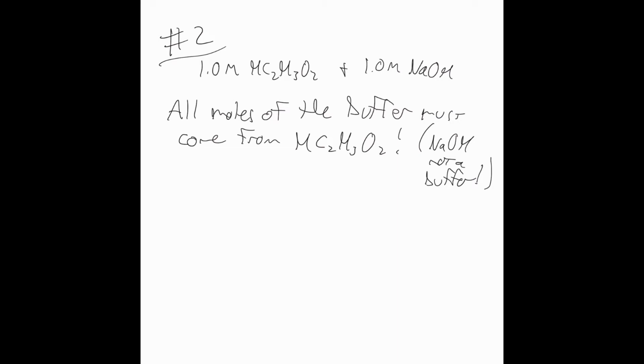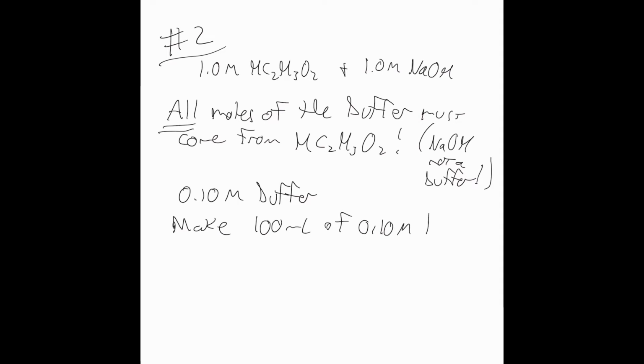So all the moles of our buffer must come from our original volume of acetic acid. So since we want to make a 0.10 molar buffer, we need to make 100 milliliters of 0.10 molar acetic acid.